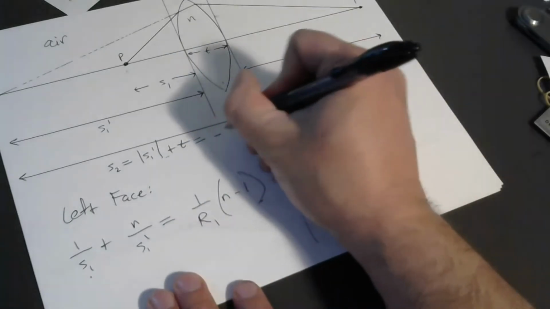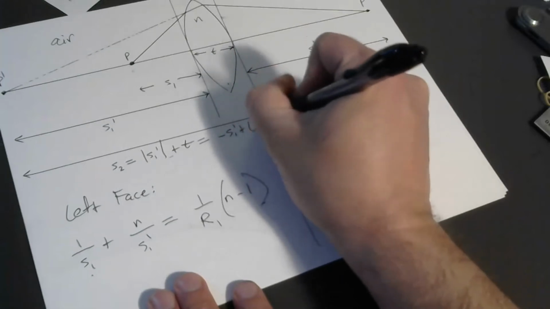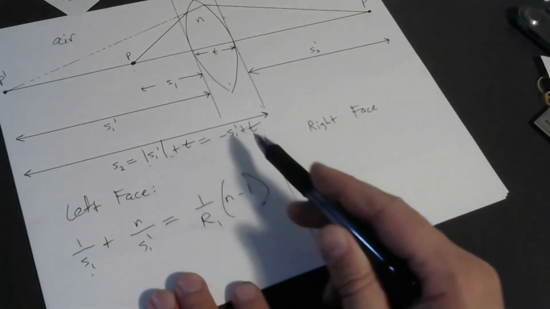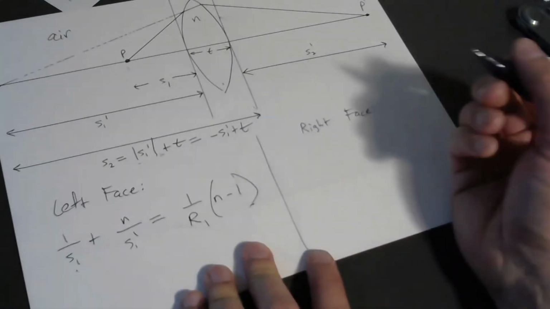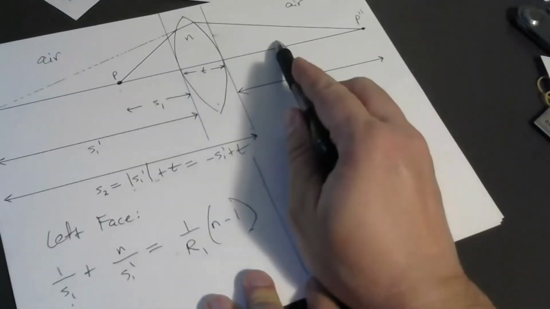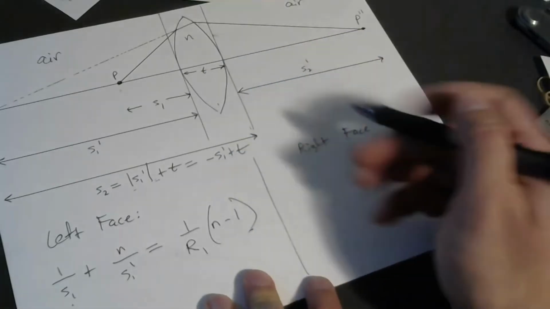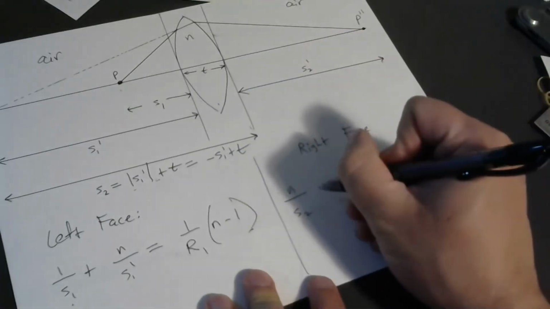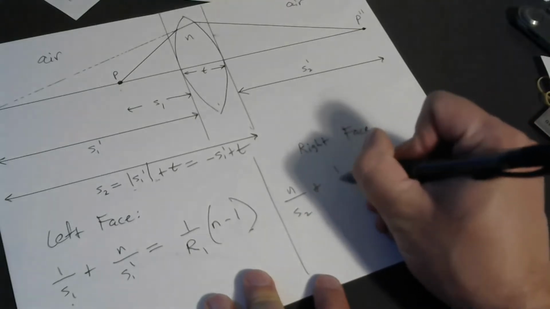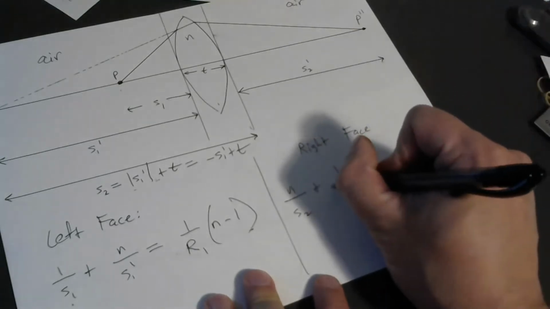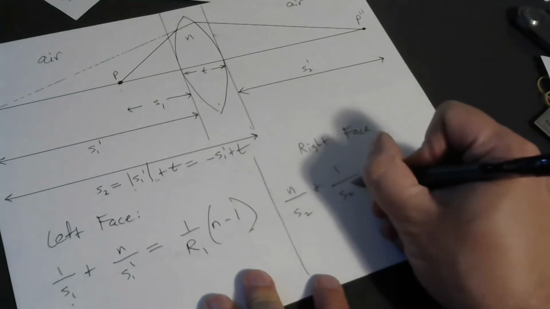So we could write this as negative S1 prime plus T. Taking the absolute value of S1 prime is the same thing as just sticking a minus sign in front of it. Now, this is my N1 and this is my N2 for the second refraction. So I would say N over the new object distance plus my index of refraction on the other side would be 1 over S2 prime.